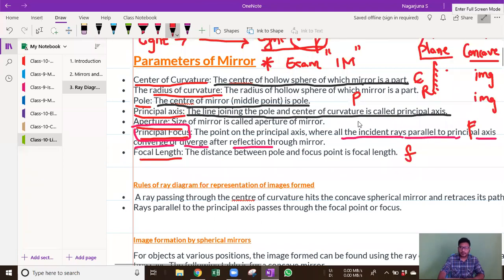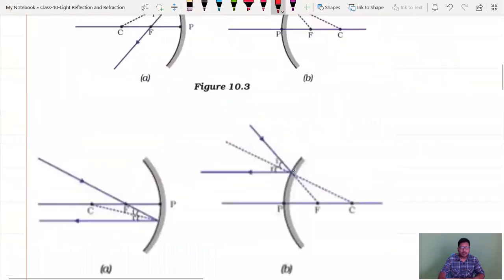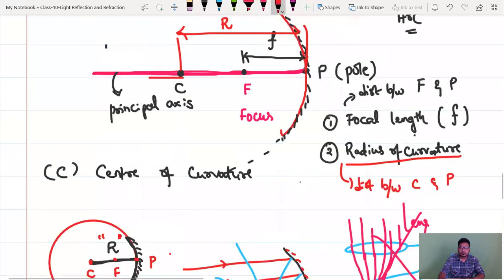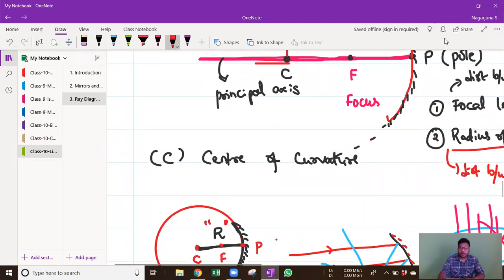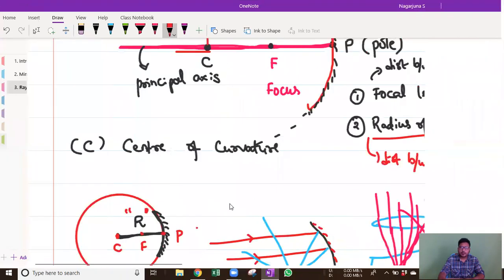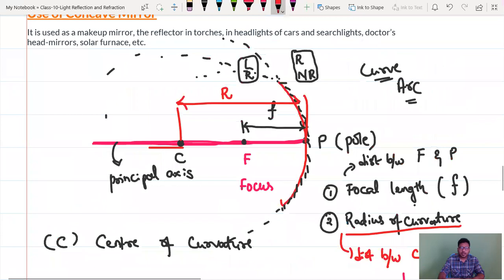Moving further, guys, here I told you the distance from C to F should be equal to the distance from F to P. Here you see the distance from F to P is small f, and the distance from C to P is capital R. From this what we can say?